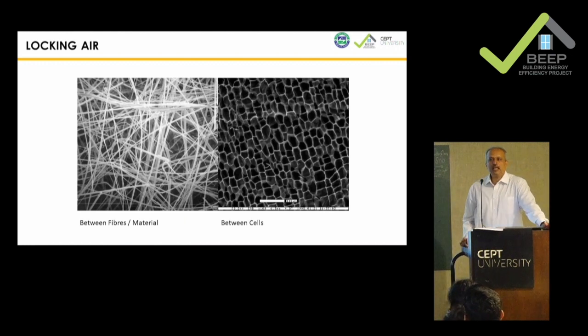So locking air can also happen in two ways. On the left-hand side, these are images which I have taken from Professor Roulet, who used to help us in an earlier part of the program and has taught us quite a few things. He acquired this image on electron microscopes.